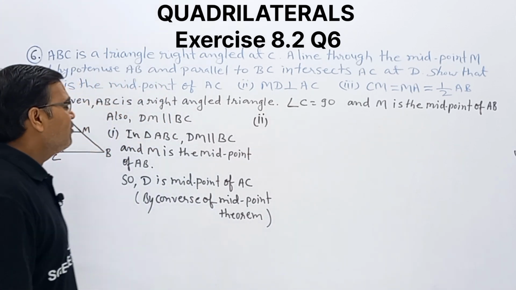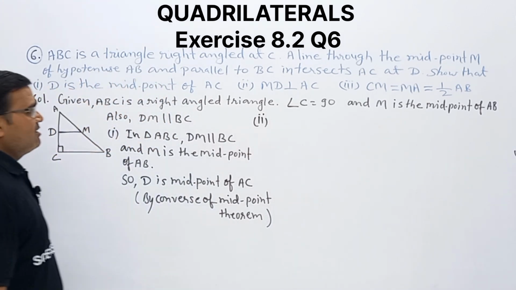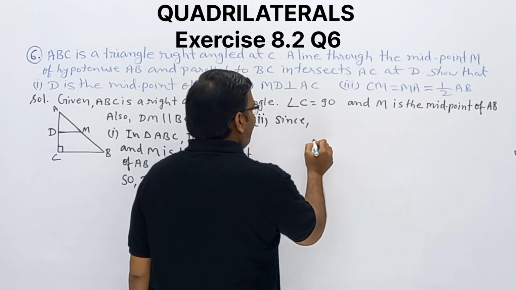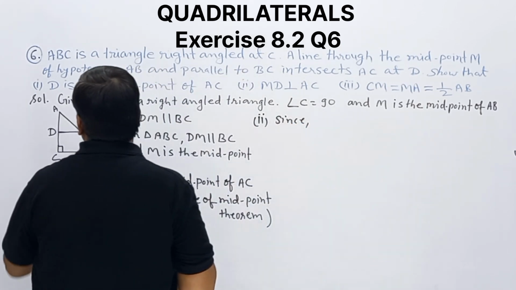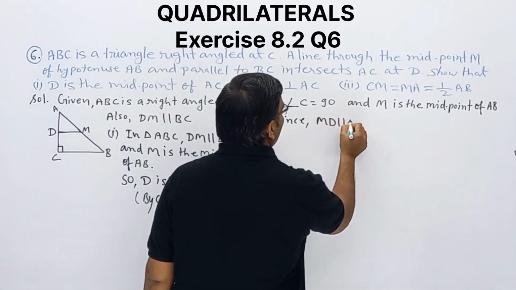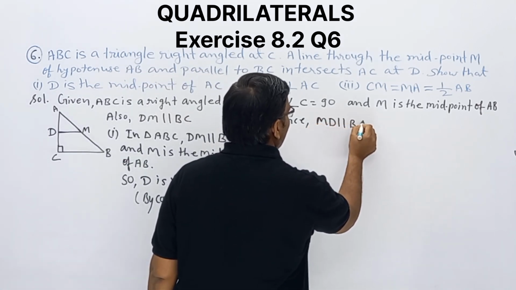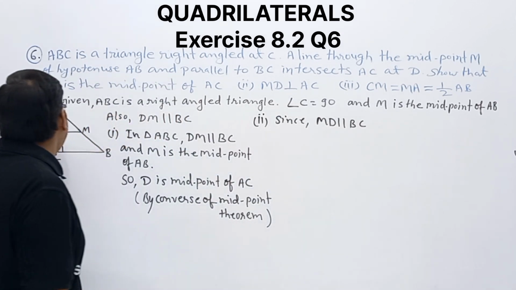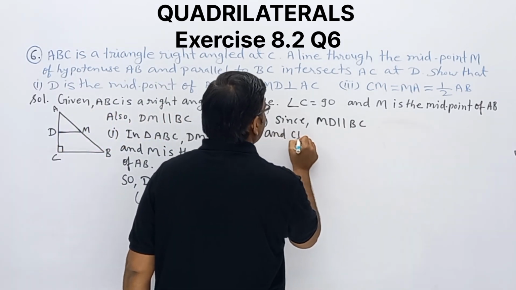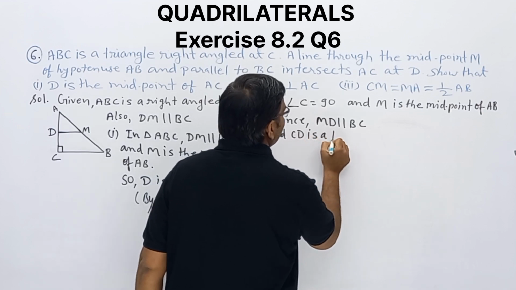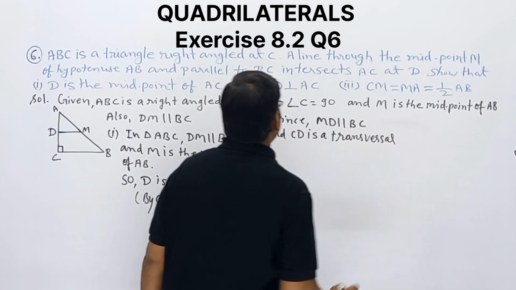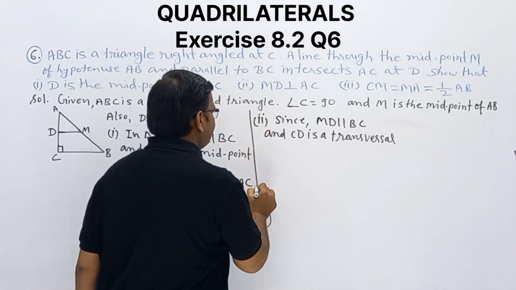Observe carefully how we will prove. Since MD is parallel to BC, and CD is a transversal. Observe carefully.